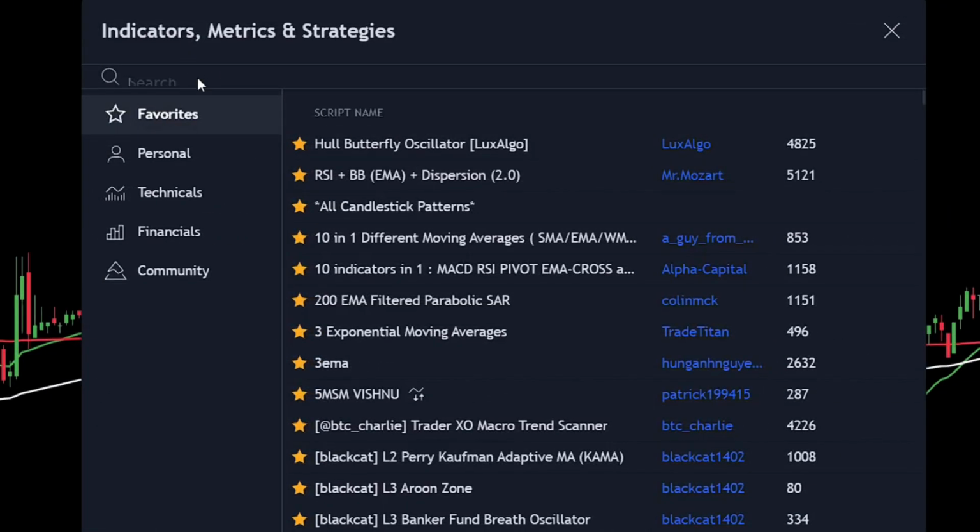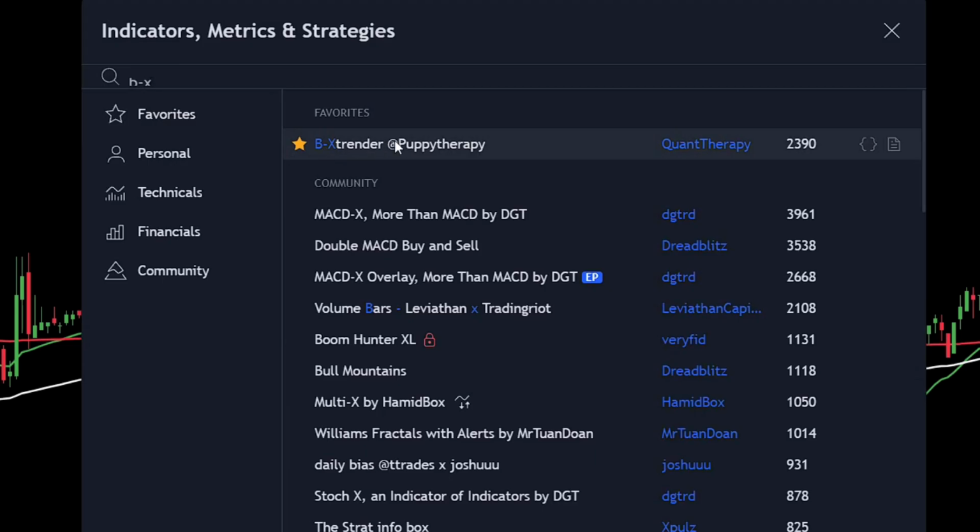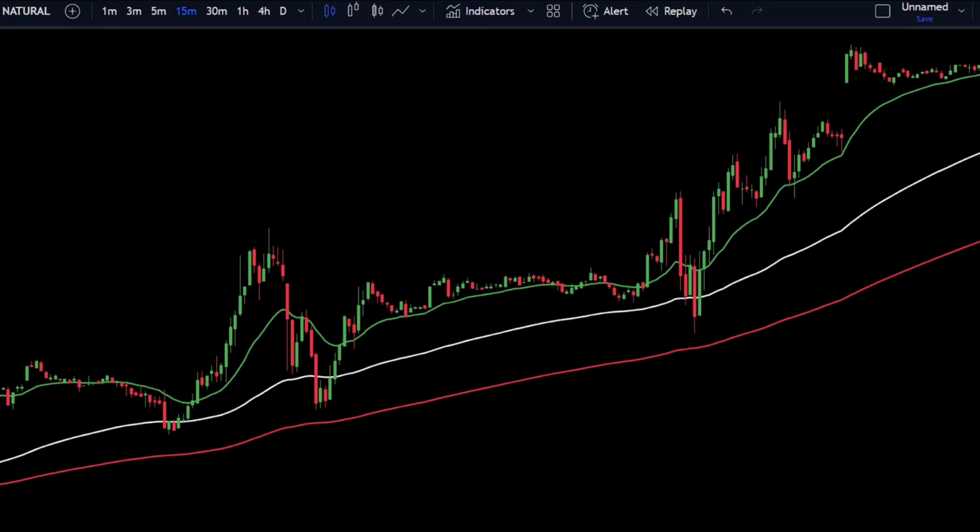Then search for BX Trender by Quant Therapy. Keep the default settings.